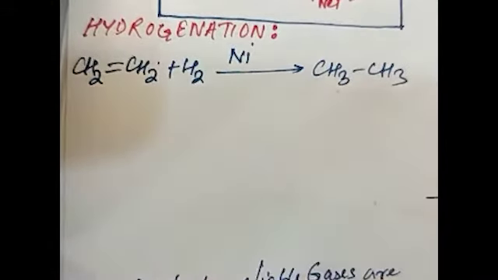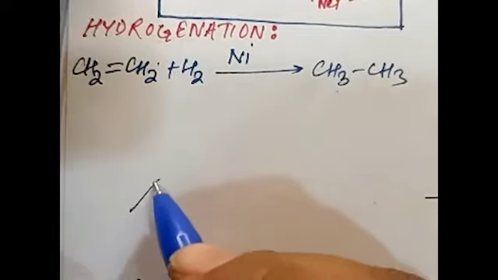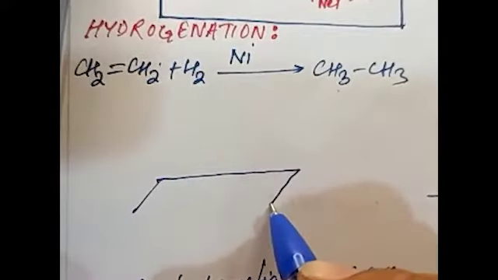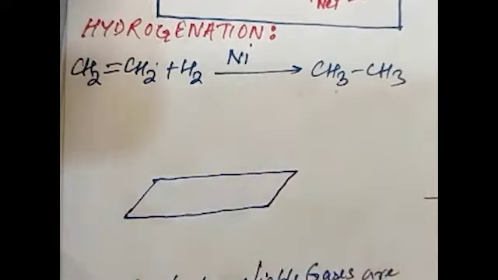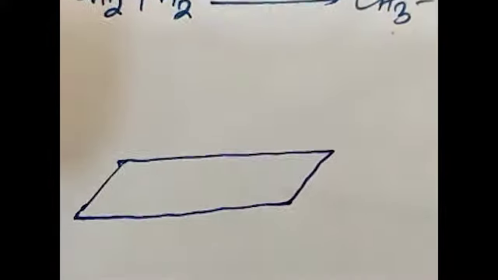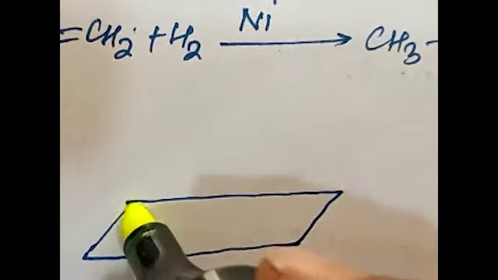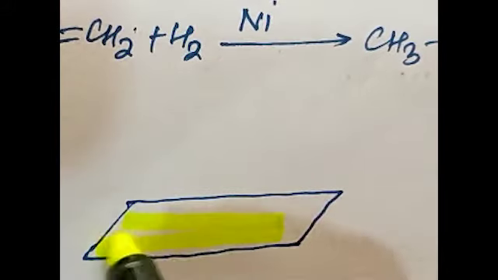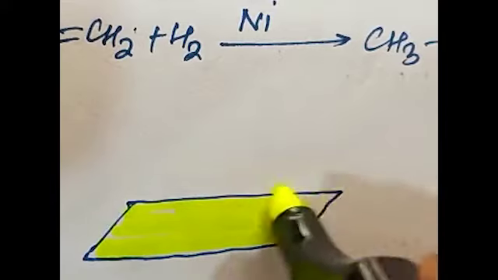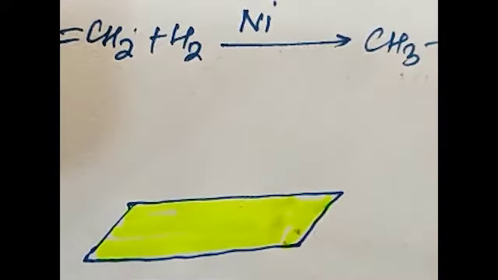You can see that there is nickel. ठीक है. एक सरफेस होता है निकल का. This is the surface of nickel.